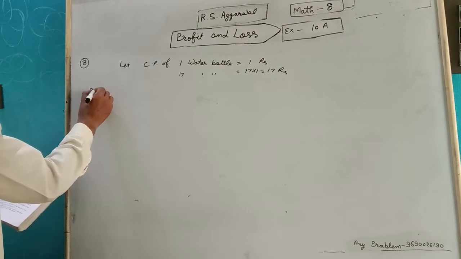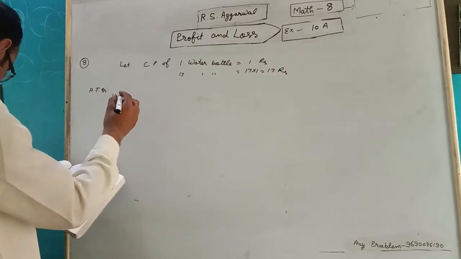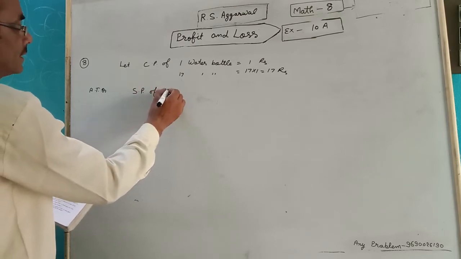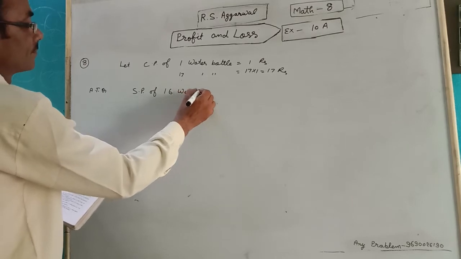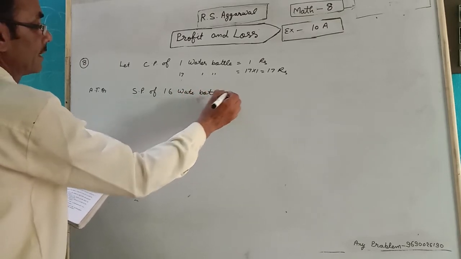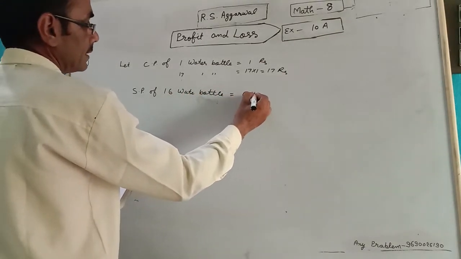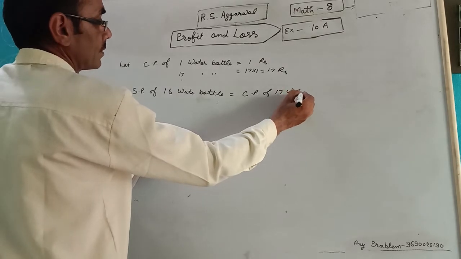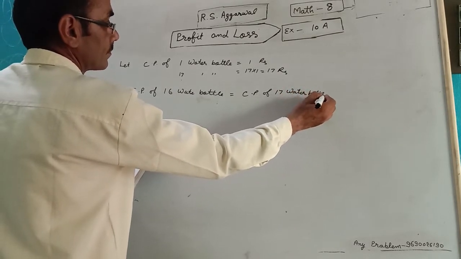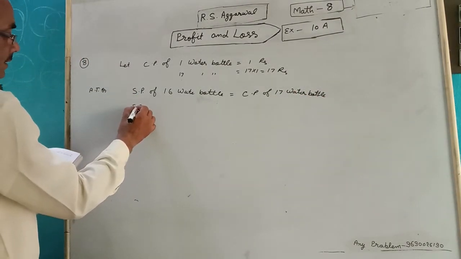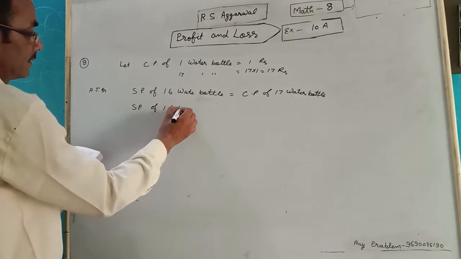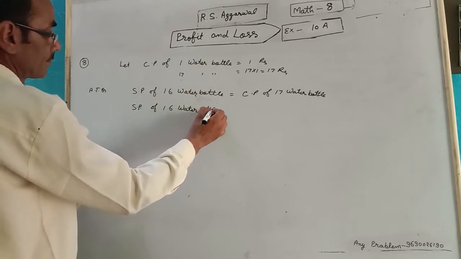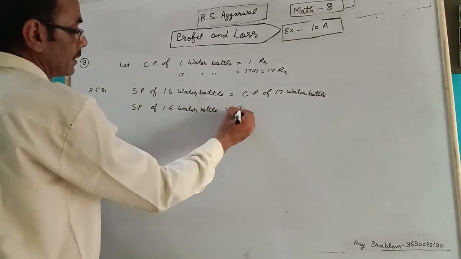According to the question, the SP, selling price, of 16 water bottles is equal to the CP of 17 water bottles. SP of 16 water bottles is equal to 17 rupees.